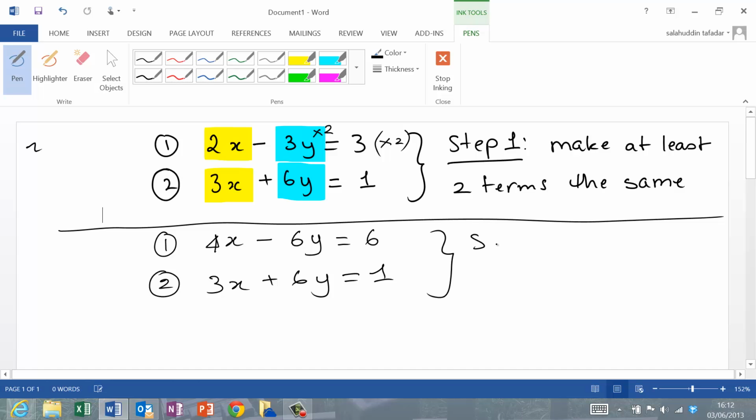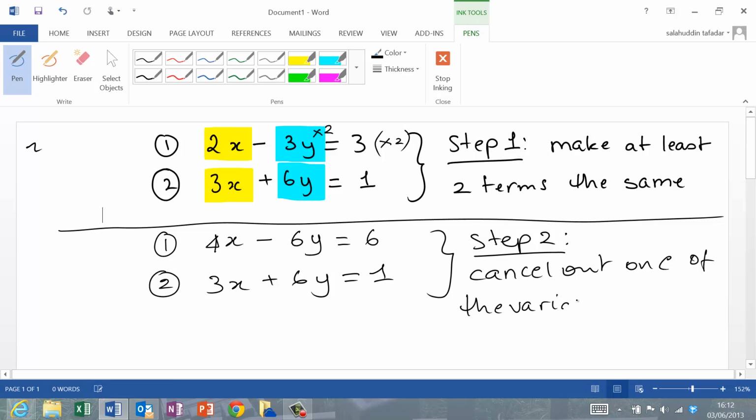So now in step 2, I'm going to cancel out one of the variables, one of the letters.